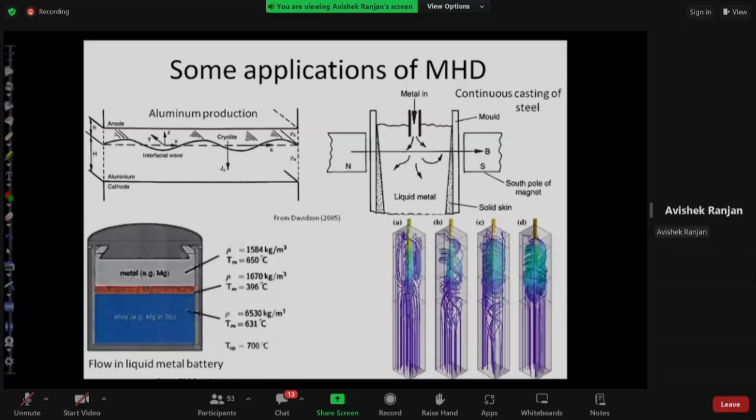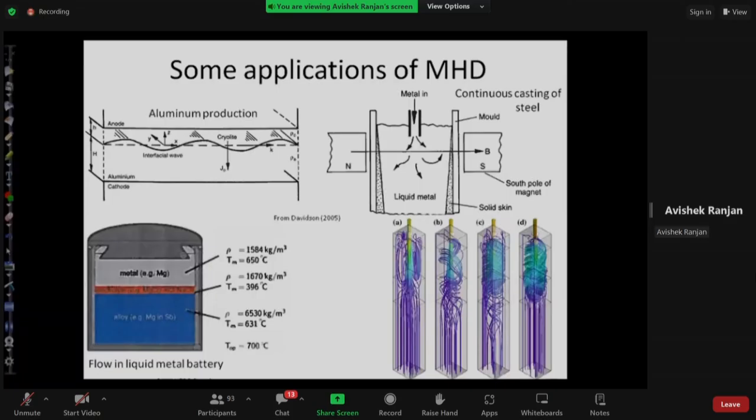The negative electrode is typically a light metal like sodium, magnesium, or lithium, and a large current passes here, which will ionize this, and it will go to the bottom electrode, and that will leave some electrons to flow in the outer circuit, which we can use to power our devices. And the opposite happens when the battery is being charged. In that case, the ions go back and join the negative electrode.